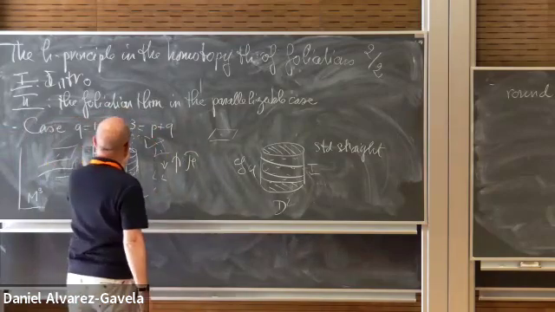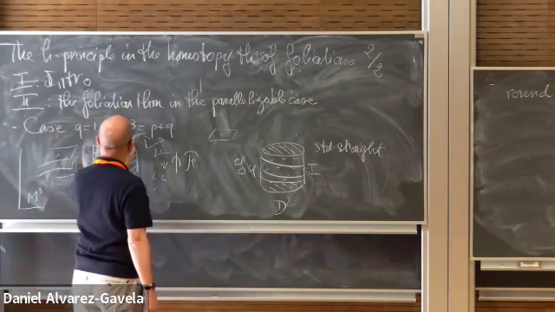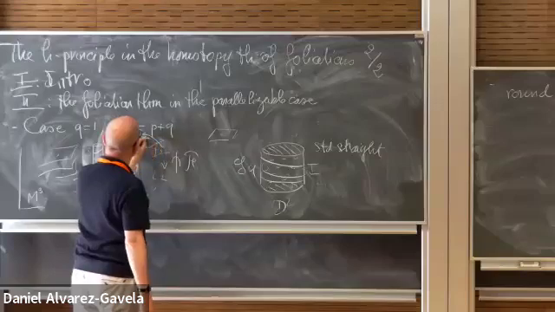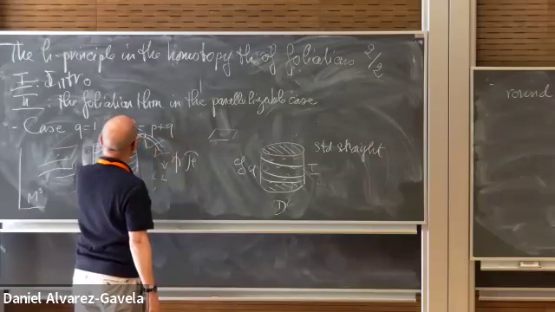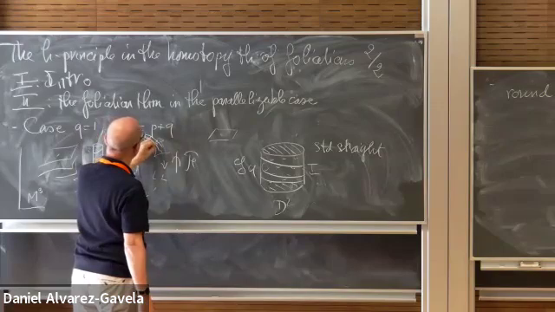And then, of course, after the gallery of the little worm there is a small neighborhood with trivial foliation.